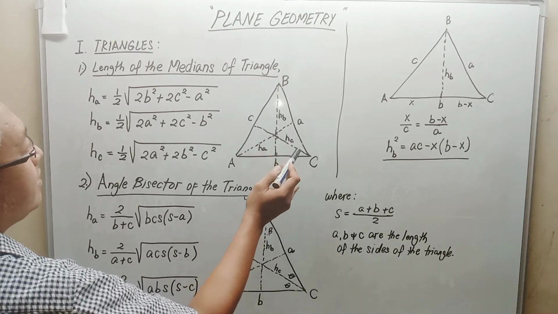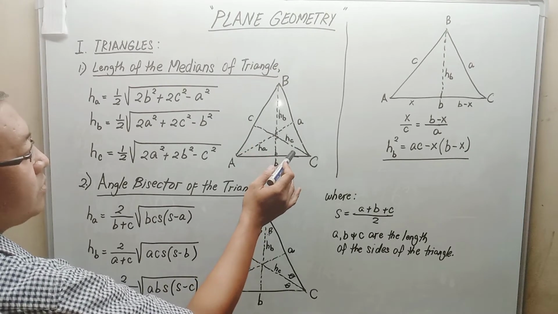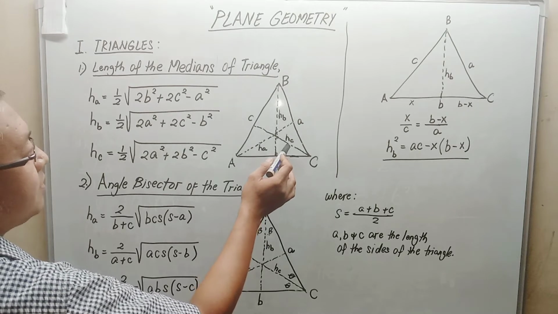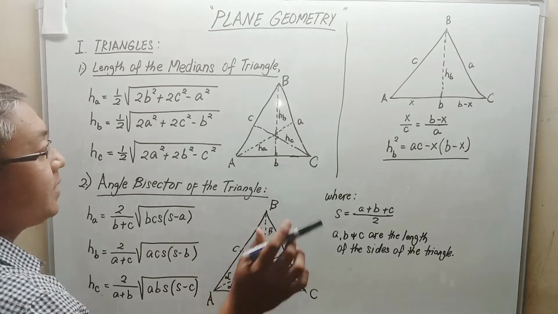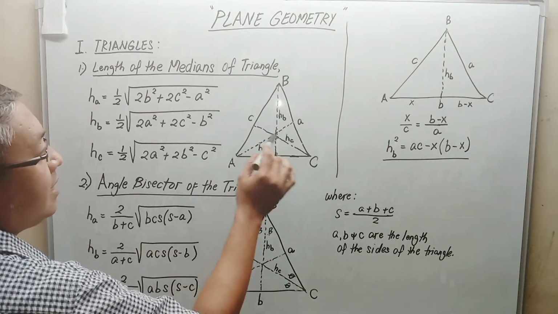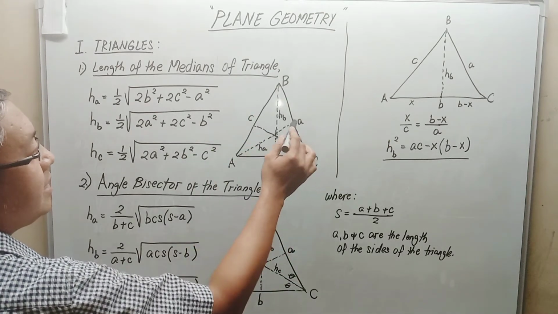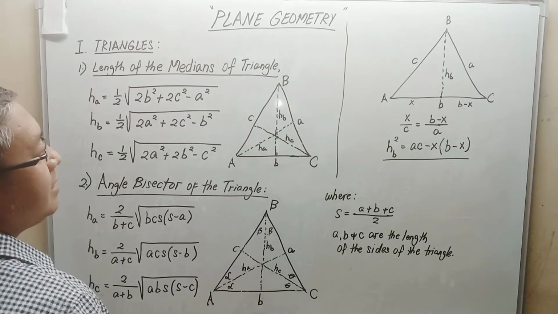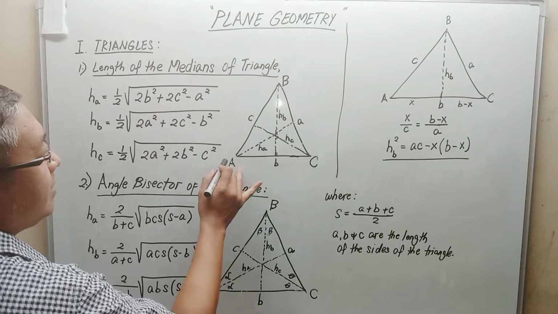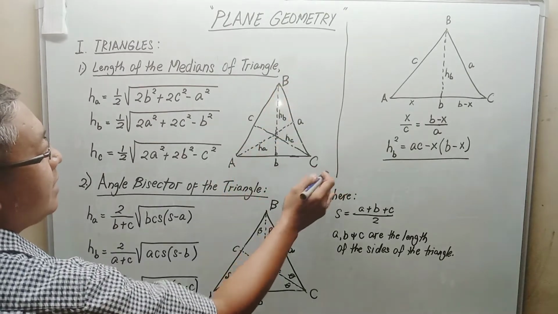We want to know how to find also the length of the median for h sub c. So in this particular triangle, guys, there are three medians: h sub a, h sub b, and h sub c, under point A, point B, and point C.